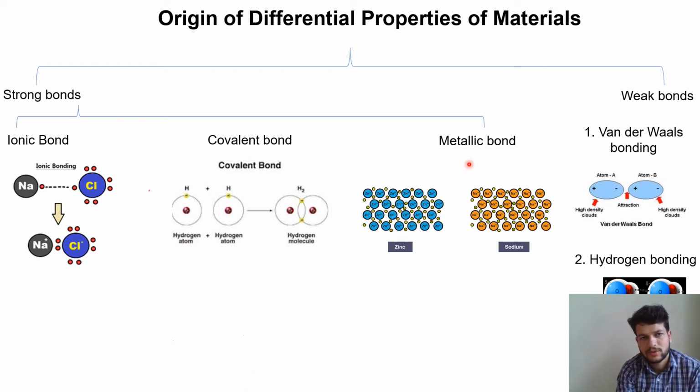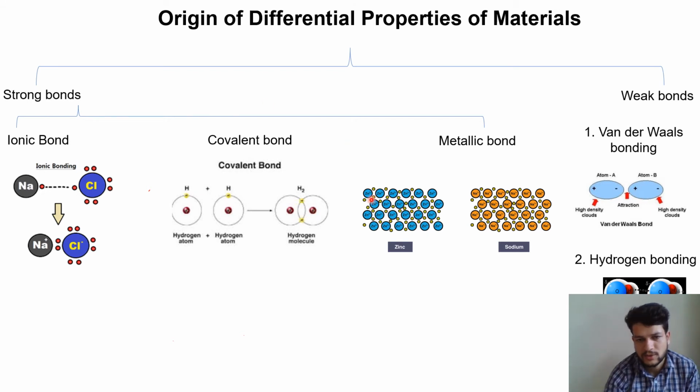Metallic bond is also a very strong type of bond which occurs in metals, and because of this bond, metals are very strong and have very high melting temperatures because of this strong interatomic attraction between the atoms.